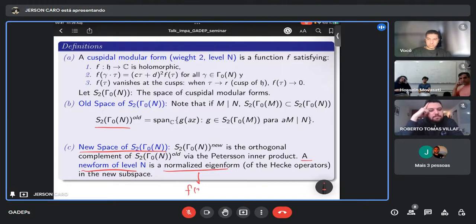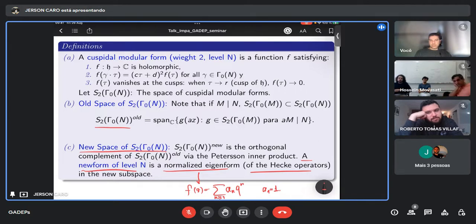Okay, we have that f(τ) is a sum of a_n q^n for n bigger than or equal to 1, because a0 is 0. And what is normalized is that a1 is 1. Yeah, that's the definition of normalized. And eigenform is, okay, there are very interesting operators defined over S2(Γ0(N)), the Hecke operators.